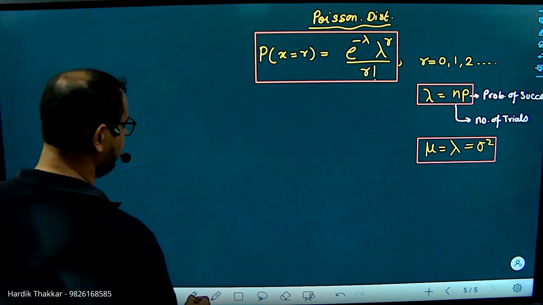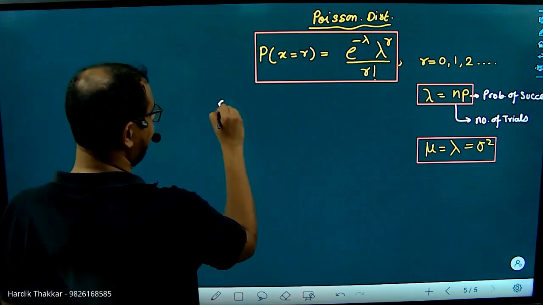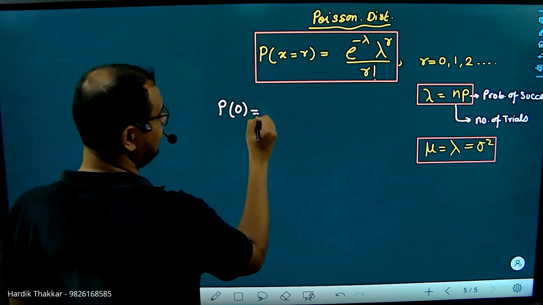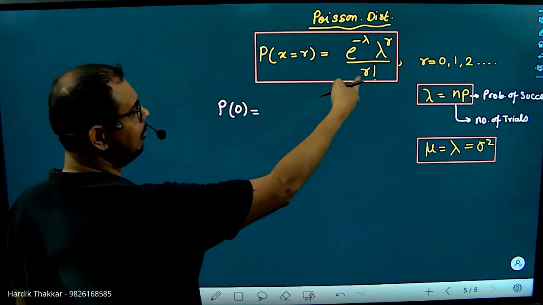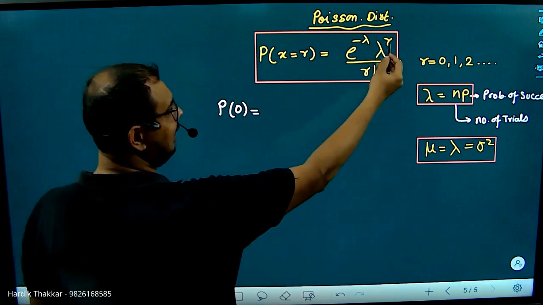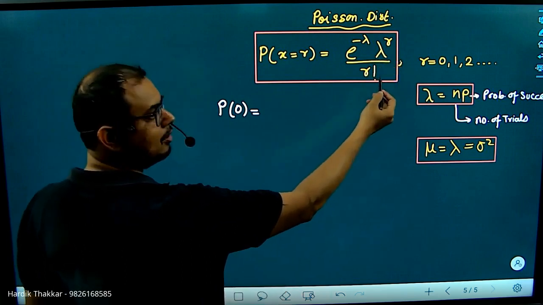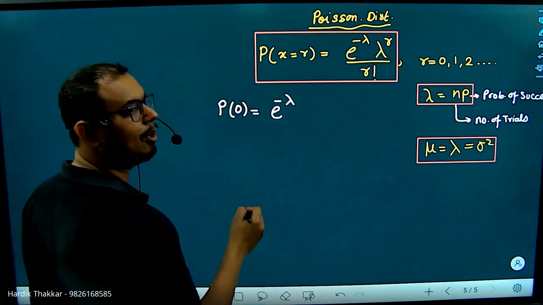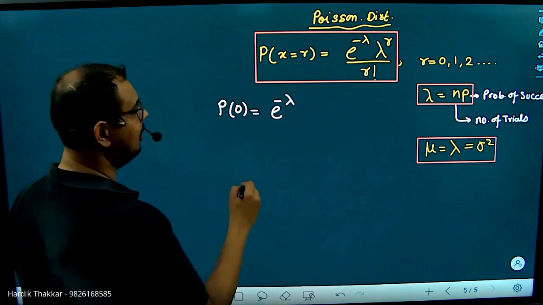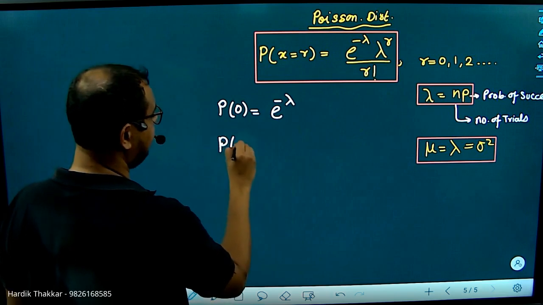Okay, so one more thing. Further, if you want to calculate P of 0, P of 0 means probability of 0 successes, then what will be the value of this if we put r equal to 0? Look, lambda to the power 0 will become 1, 0 factorial will become 1. So P of 0 will be equal to e raised to power minus lambda. Now, what will be the value of P of 1?